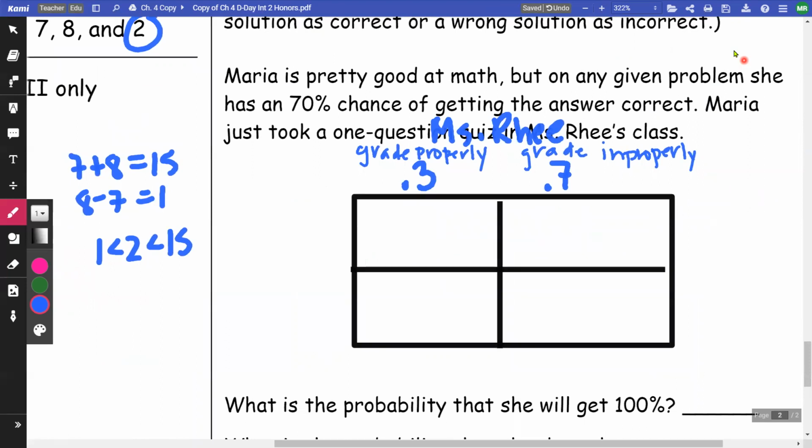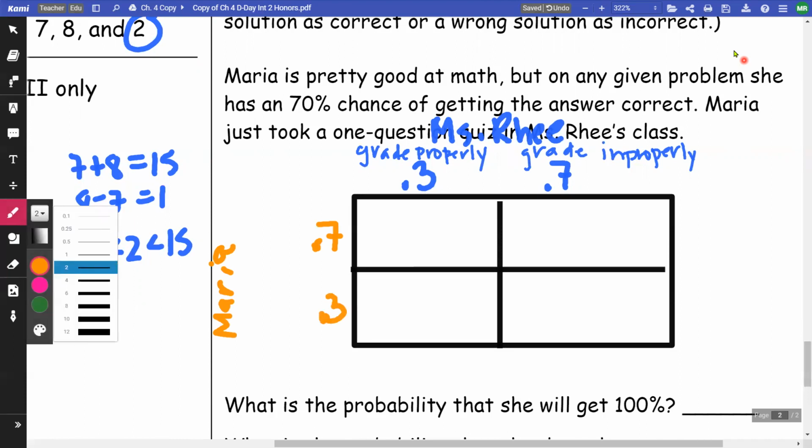Then we have Maria, and Maria has a 0.7 chance of answering it correctly. So this is going to be Maria. And she has a 0.7 chance of answering correctly, which means she has a 0.3 chance of answering wrong. Okay.